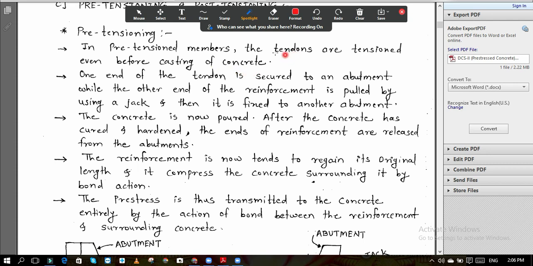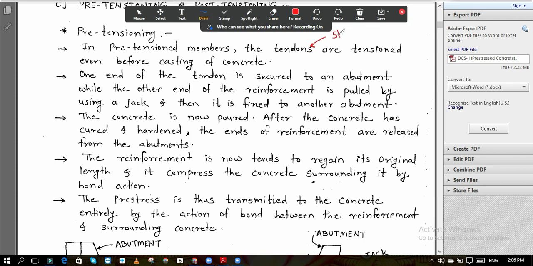Tendons means reinforcing bars or steel, here steel bars.